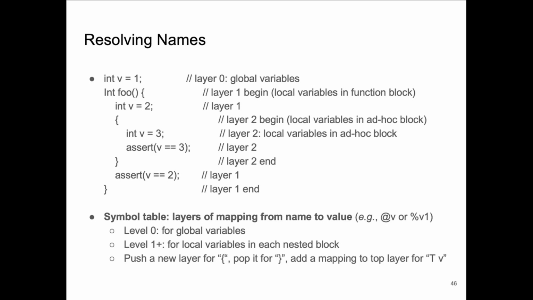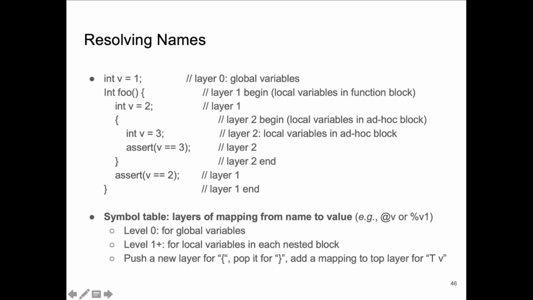As soon as the block is exited, the v no longer means the variable declaration v equals 3, and it is going to mean v equals 2 here, declared in the third line. And after this last bracket, layer 1 has also ended. So v now means the global variable v after the last line of the code.